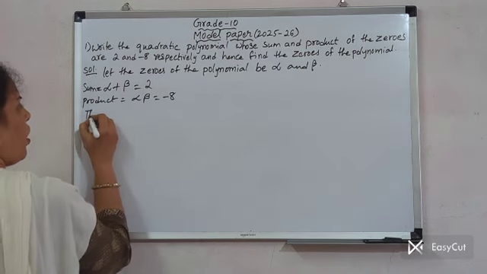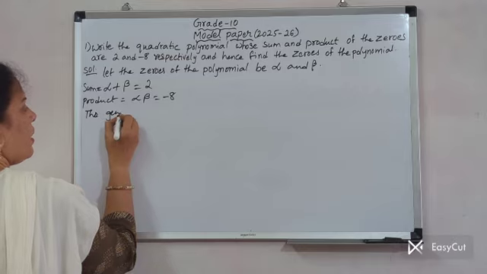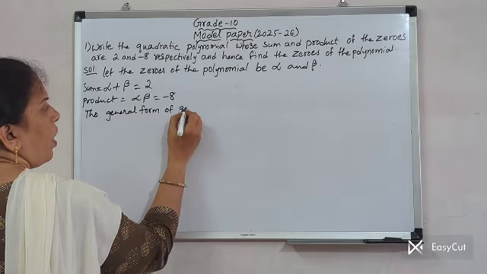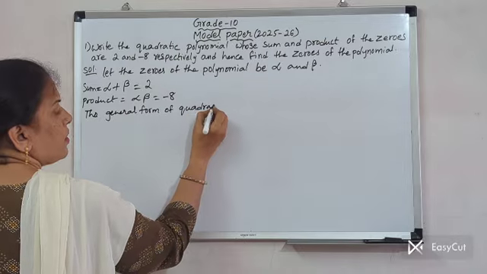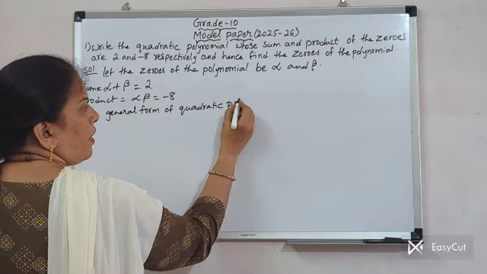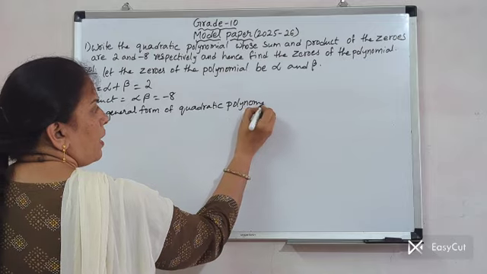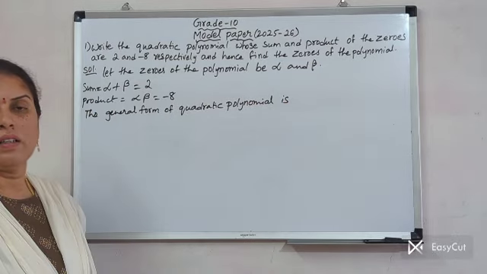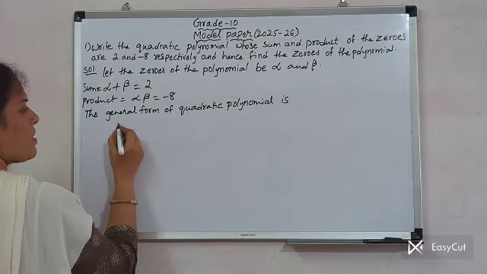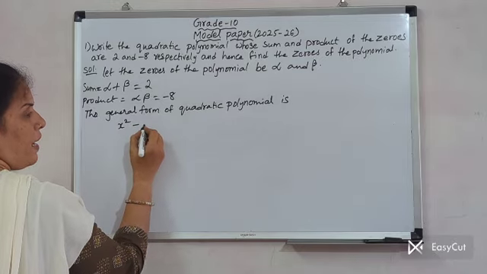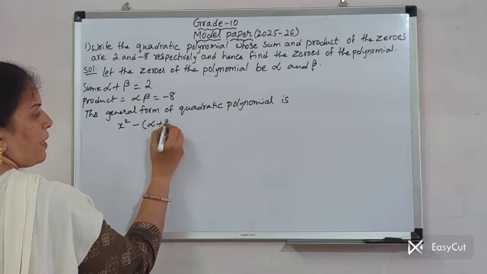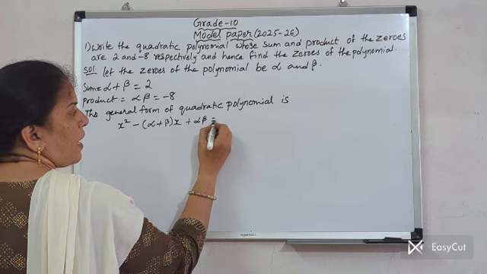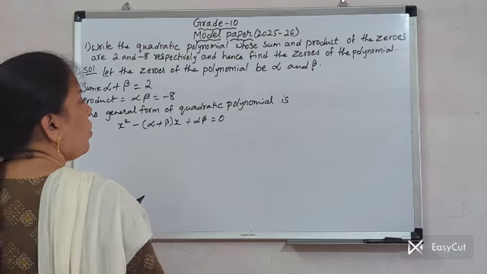The general form of quadratic polynomial is x square minus alpha plus beta into x plus alpha beta is equal to 0.